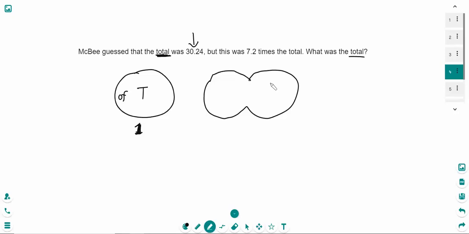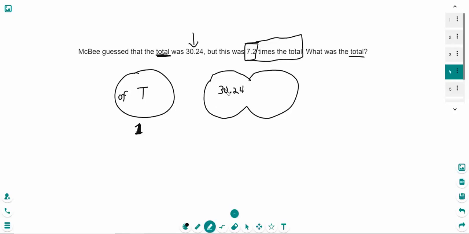Okay, so what's the fraction? In this case, it's a decimal. What's the decimal that we're interested in? You have to be a little bit careful on this one because they're both decimals. She guessed a decimal, all right? But the decimal that we're interested in is actually the 7.2, the 7.2 times the total, okay? So I could write in my bubble here 30.24.